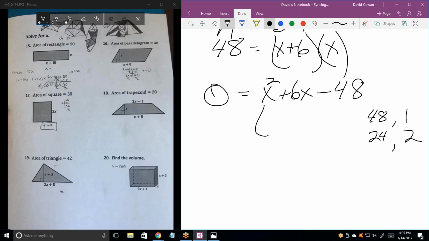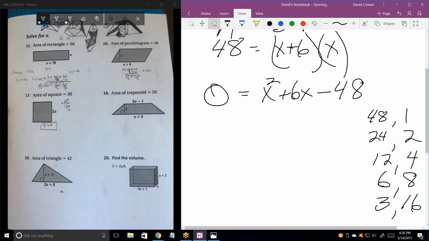I cut it in half if I can, double the other side, and keep doing that. 6, 12. That's it. There are no factors of 48 that subtract to the number 6. So again, we're going to have to use the quadratic formula.